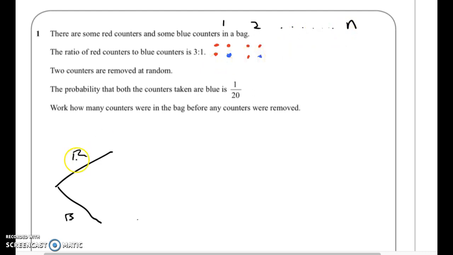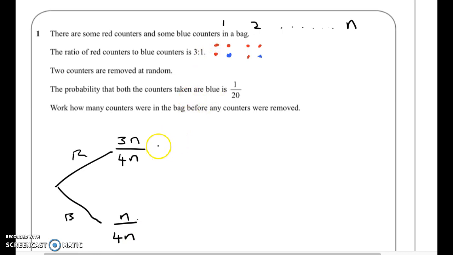So it's 3n red over a possible 4n. And for the blue, there's 1 blue, how many times? We don't know, call it n. So it's n over 4n.